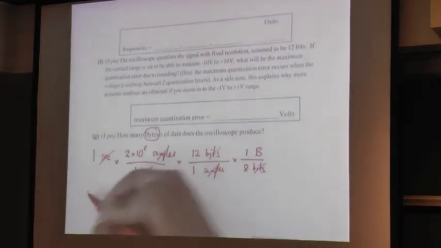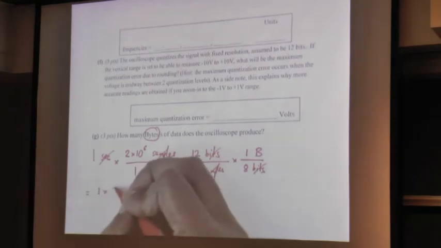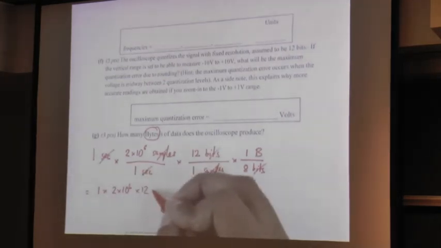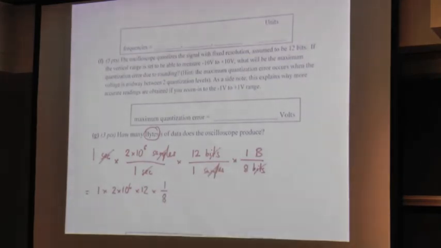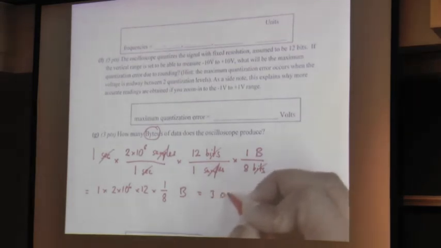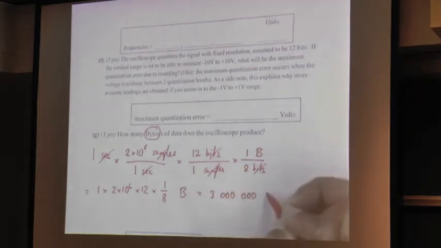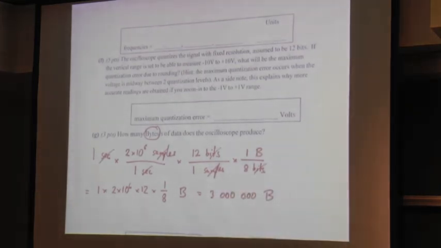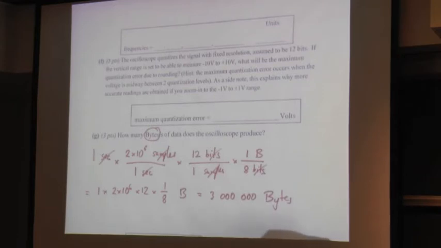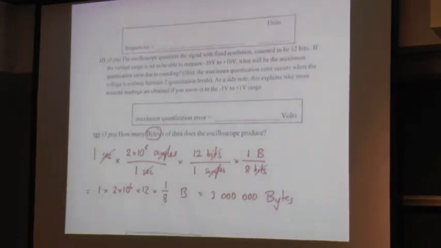So we multiply these together. Explicitly, this is 1 times 2 times 10 to the 6 times 12 times 1/8, which works out to be 3 million bytes. So the answer is 3 million bytes per second of data.